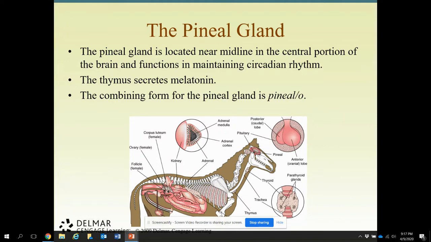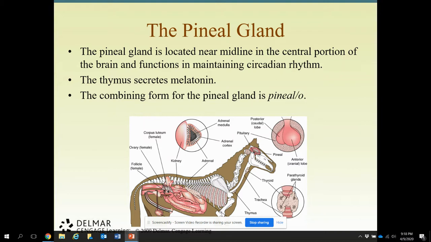The pineal gland. The pineal gland is located near the midline of the cranial portion, or the central portion of the brain, and functions in maintaining the circadian rhythm. So that is your sleep rhythms, when you're supposed to be awake, when it's time to go to sleep.